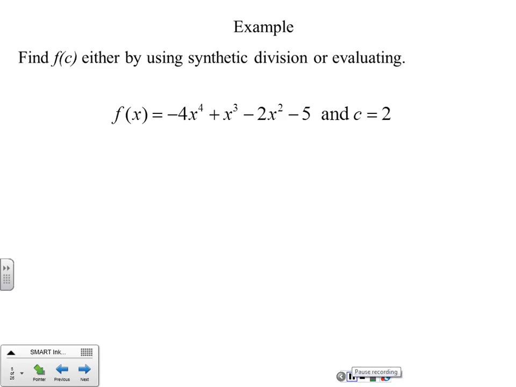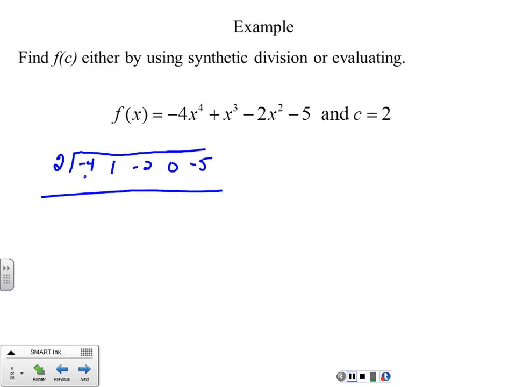All right, so again, going synthetic division, we'll have the 2, and then you have negative 4, 1, negative 2, 0, negative 5. Drop that negative 4 straight down. 2 times negative 4 is negative 8. Add them together, get negative 7. 2 times negative 7 is negative 14. Add them together and get negative 16. 2 times negative 16 is negative 32.